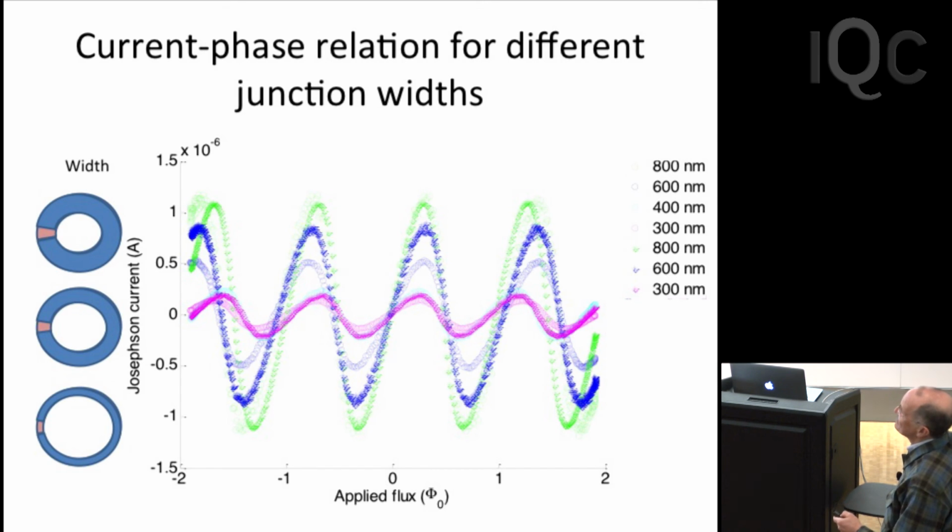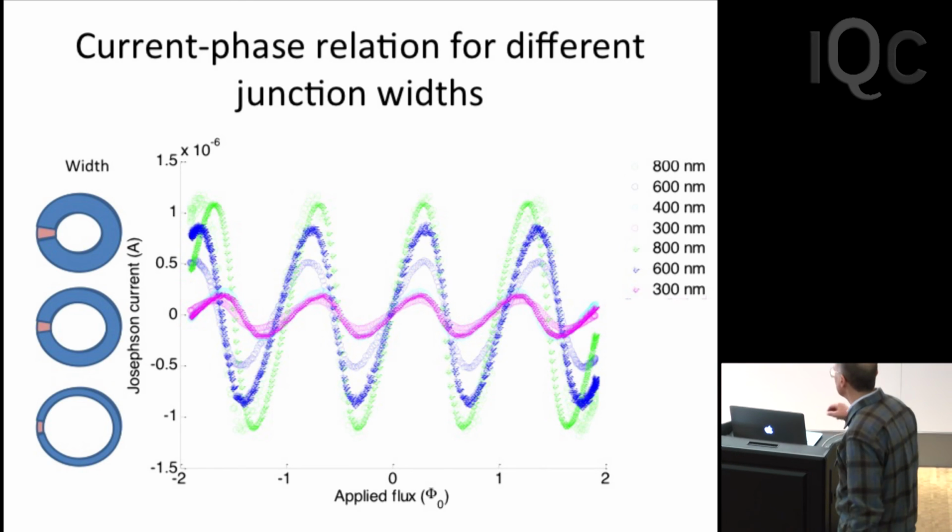Then what you find is that as the junctions get wider, the critical current gets bigger, but in fact, all of the experiments showed a skewed current phase relationship.